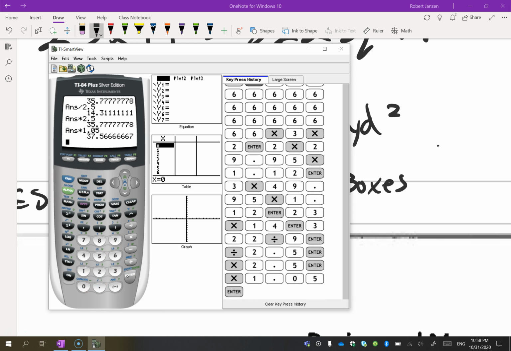Okay, that's not what I did here. So let's back this up a little bit. Before I divide by 2.5, I'm going to multiply this by 1.05. This is saying this is how much more area there is. Okay, so that's 37.57.